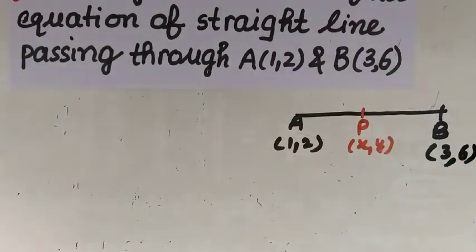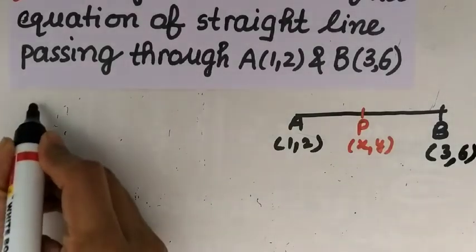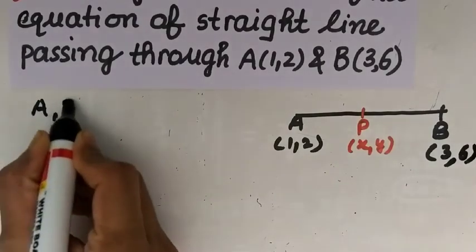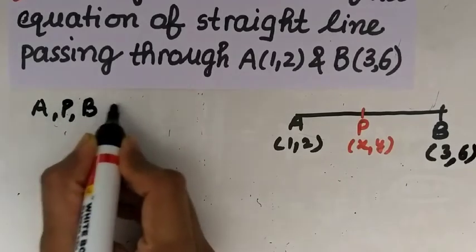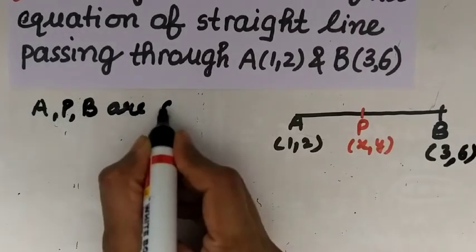So students, you can see all these 3 points are collinear. Points A, P, B all lie on the same straight line. That's why A, P, B are collinear.